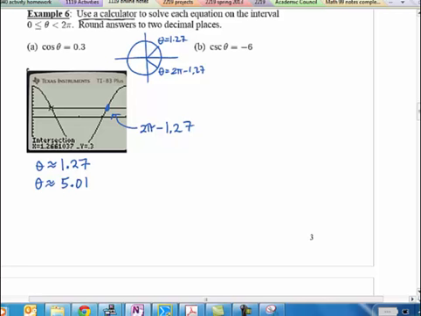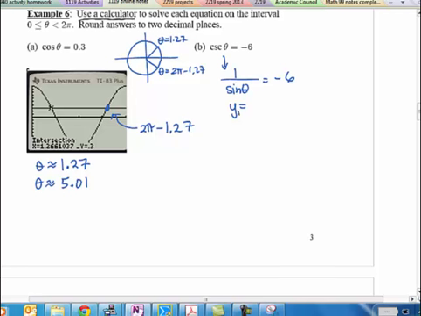Alright, so now cosecant of theta equals -6. We don't have a cosecant button on our calculator, but that's the same as 1 over sine theta. So we could either just graph 1 over sine theta, or we could actually graph sine theta equals -1/6, and that would work too. So let's do a cosecant graph.